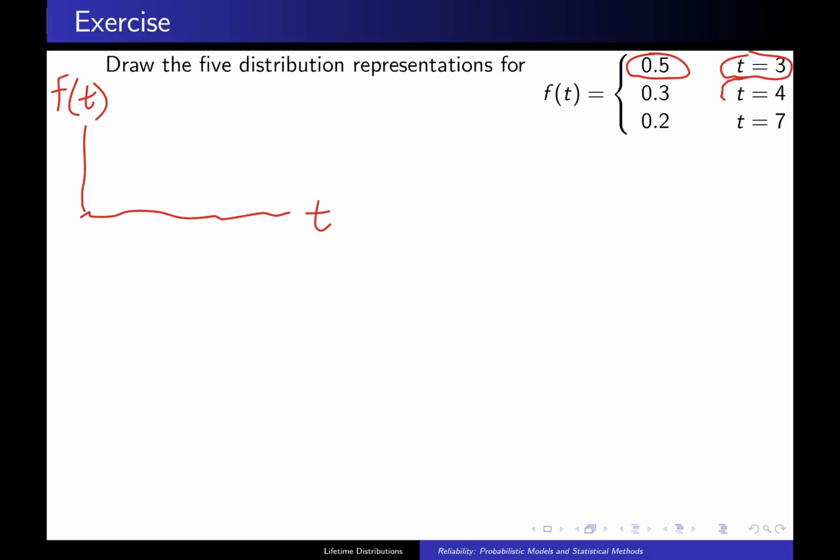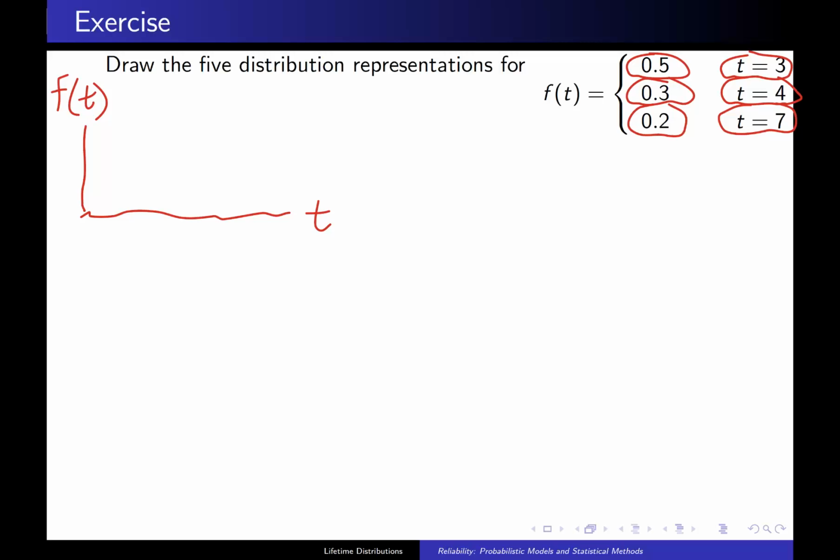Then 1 time unit later, at time 4, I drop it again, but this time I drop it from a little bit higher. I drop it from, let's say, 8 feet, and the probability is 0.3 that it fails then. And finally, I climb up to the top of the Eiffel Tower, and I get there by time 7, and I drop the cell phone from there, and now I have 0.2 probability.